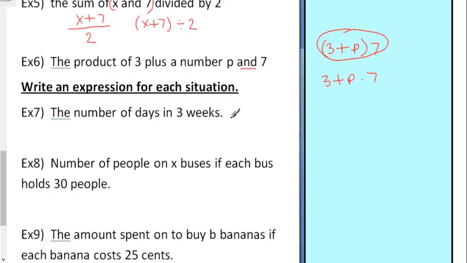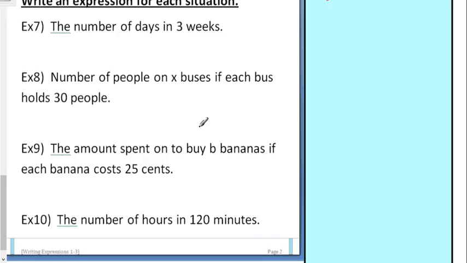All right. Last section. These don't take long to do at all. The number of days in 3 weeks. So what I want to do is call the weeks W, and we're going to change this 3 to W. I remember that before.